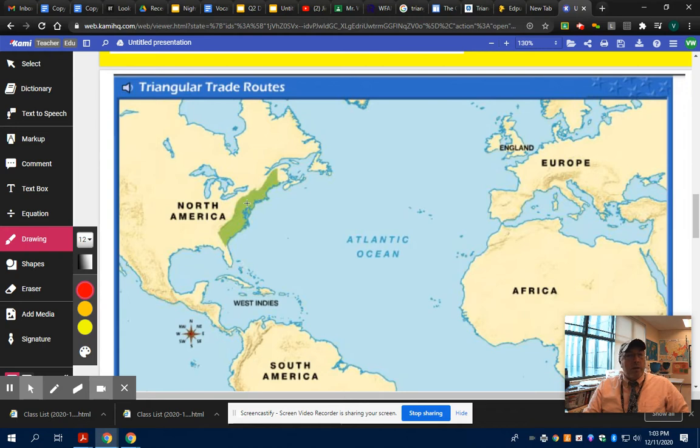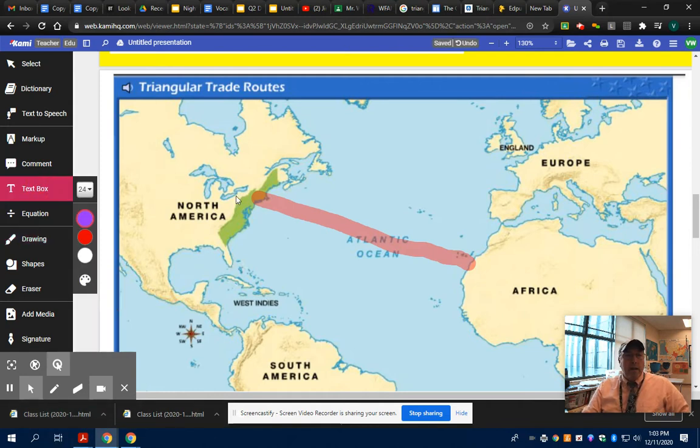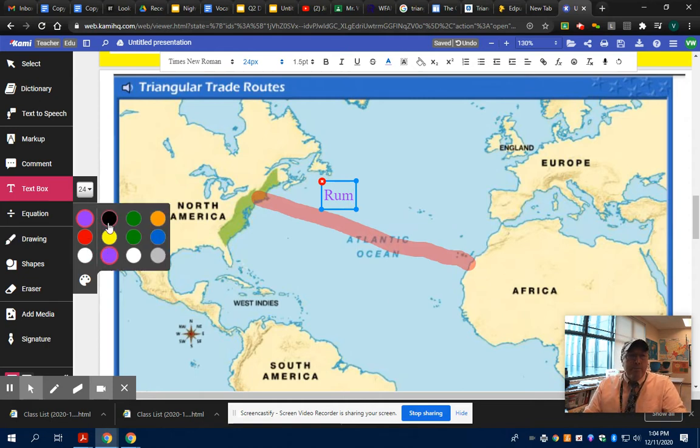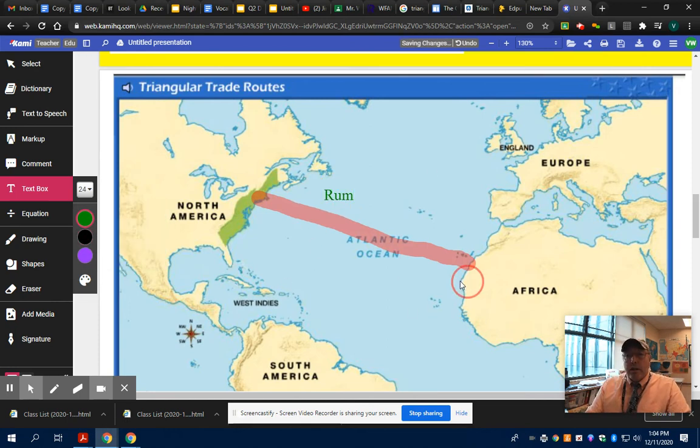Let's start with the first way to look at this, which was we had raw materials coming from the colonies and going to Africa. So here, in this case, we had something like rum, right? Being made in the colonies, being sent to Africa, and then in Africa, the rum would be sold, and what would be purchased?